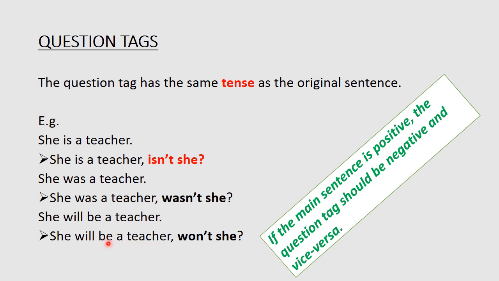Same here, positive, question tag negative. Won't is will not. Wasn't is was not. Of course, we don't have an example where the main sentence is negative, but we're going to take a look at more examples so that we see how these two guidelines are used.